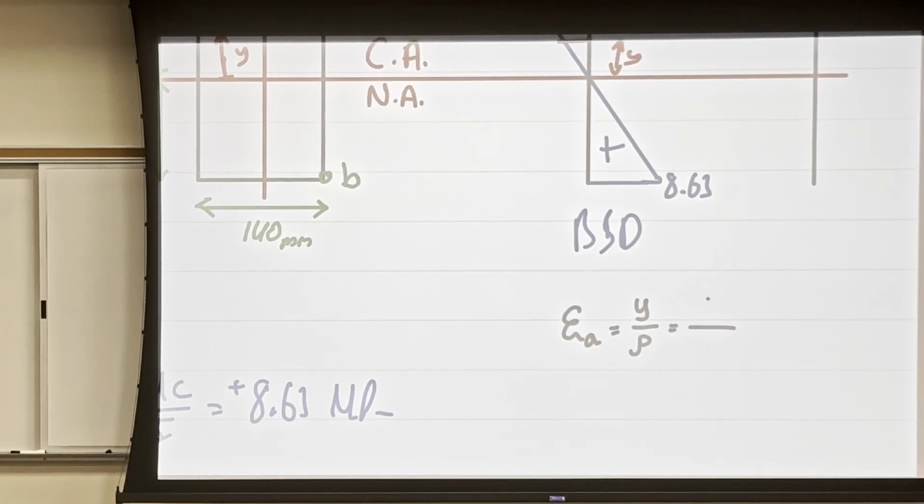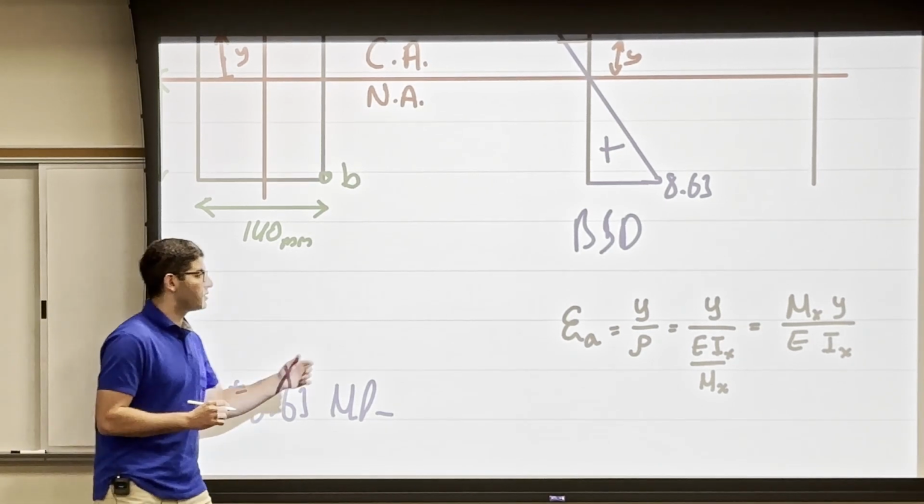And rho here is equal to EI over M, of course Mx and Ix. Then I will move this M up here, and I will end up with Mx y over E Ix. This is the equation for the strain.